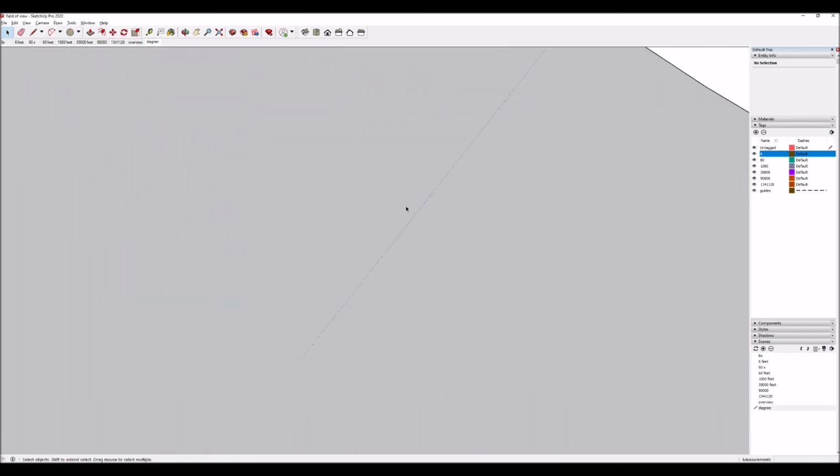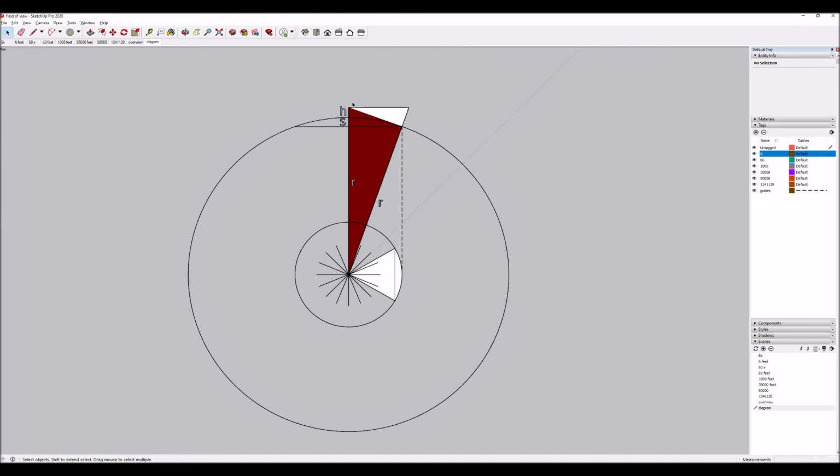You may recall this little diagram from the beginning of the video. If the large circle represents the diameter of the Earth, this little piece up here called H is the actual height of the orbit of the ISS.